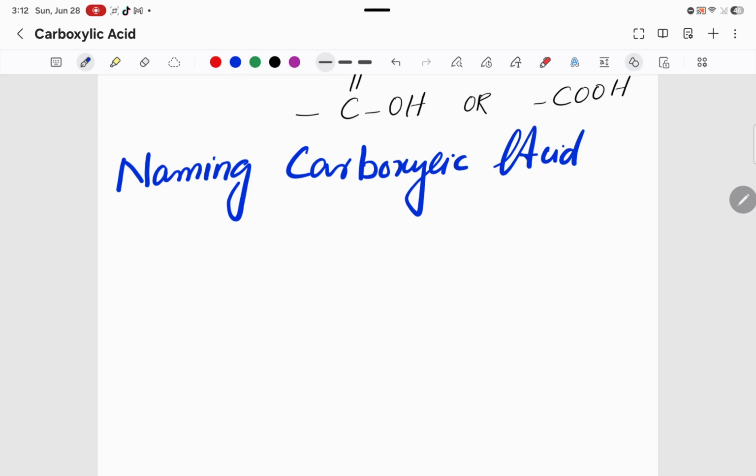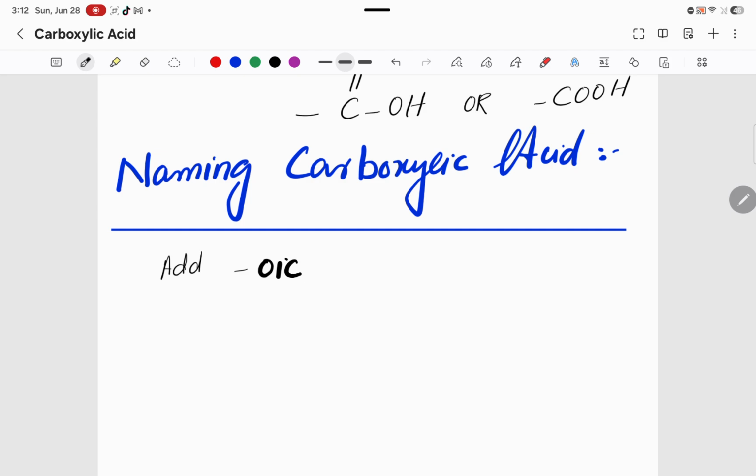Naming carboxylic acid: for that, we simply have to add the word oic acid at the end of the name.